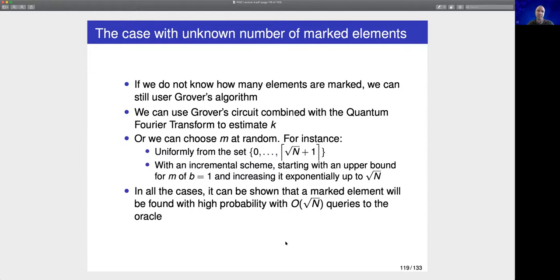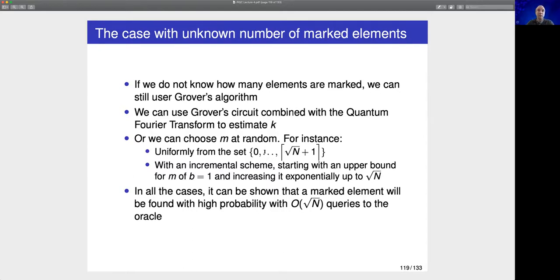There is no problem with that, because what we can do is adopt one of two strategies. The first one is to use something similar to this circuit for Grover's algorithm, together with the quantum Fourier transform, that I see today we are not going to be able to cover, but we will cover first thing next week, to estimate k. And then we can use regular Grover with this estimation of k.